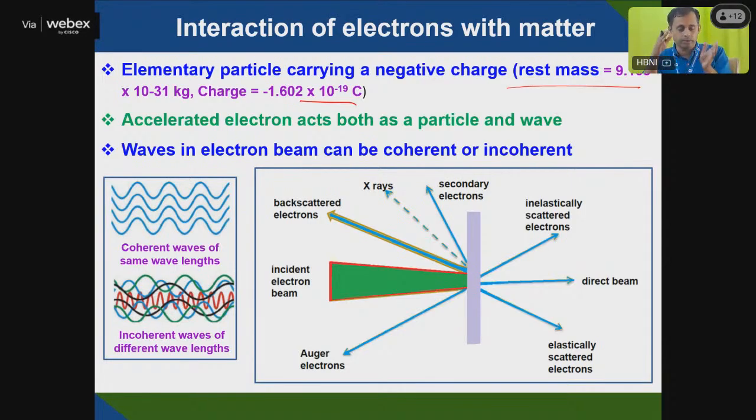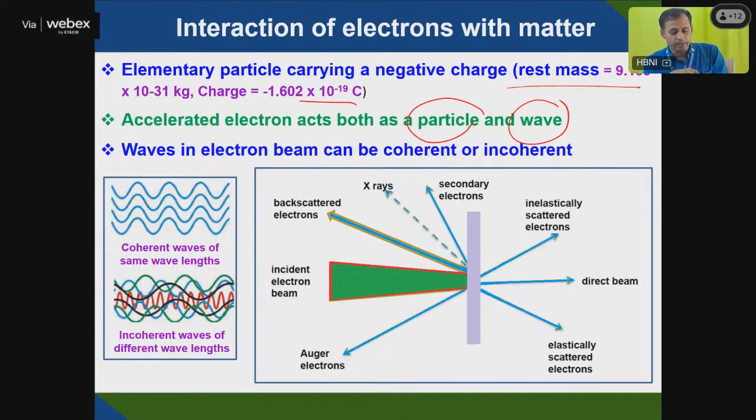While passing through these magnetic lenses, the electron velocity is accelerated. Because of the acceleration, the kinetic energy increases more and more, so the accelerated electron acts as both a particle as well as a wave. That means it follows the de Broglie equation.